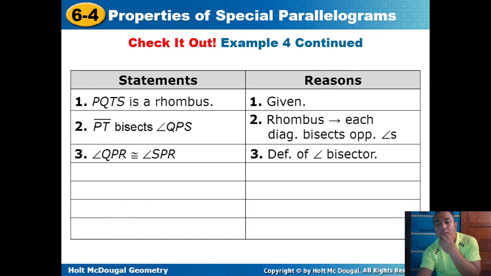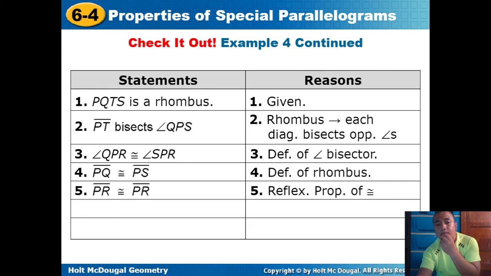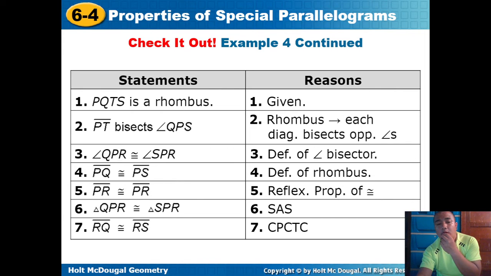Angle QPR is congruent to angle SPR, definition of angle bisector. Segment PQ is congruent to segment PS, definition of rhombus. PR is congruent to PR, reflexive property of congruence. Triangle QPR is congruent to triangle SPR, SAS or side angle side. Segment RQ is congruent to segment RS. Congruent parts of congruent triangles are congruent.